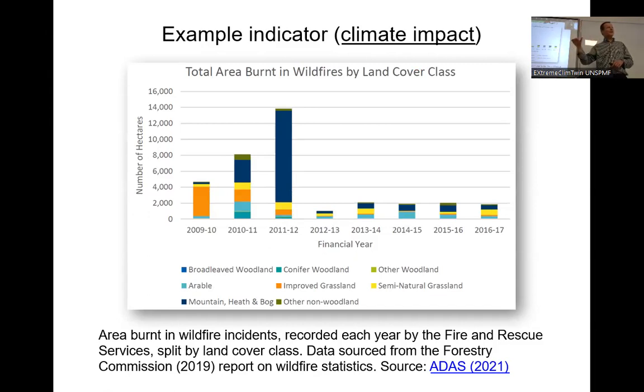You can see that the data set is rather short, so we're not yet in a position to say whether there's any long-term trend. And there are also some other issues with an indicator like this. What might be problematic about reporting the burnt area as a climate risk indicator? Any thoughts?